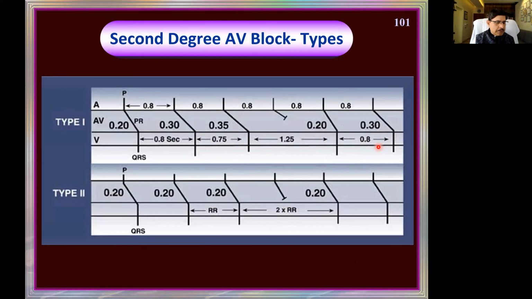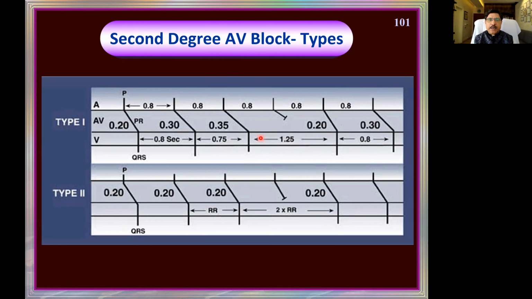Now, what are the various features of type 1? I am repeating again. There will be a prolongation of PR interval, first qualification, more than 0.2. Second qualification is there is progressive lengthening of the PR interval. Third thing is a beat must be dropped. And fourth one is in the dropped beat, the RR interval will be having a pause.